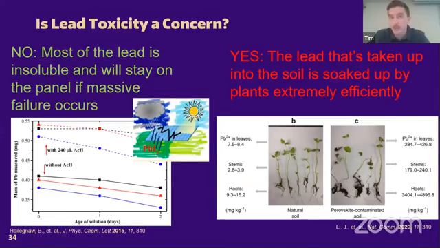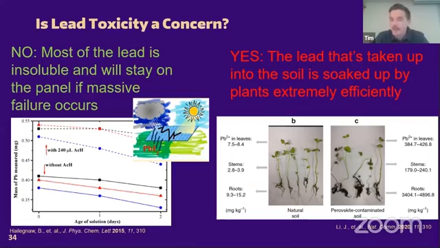This argument comes about because we have very, very thin layers, so there's not actually that much lead in your panels. This is technically true, but the lead in your car battery is well contained, not on your roof, and is not going to dissolve in water.